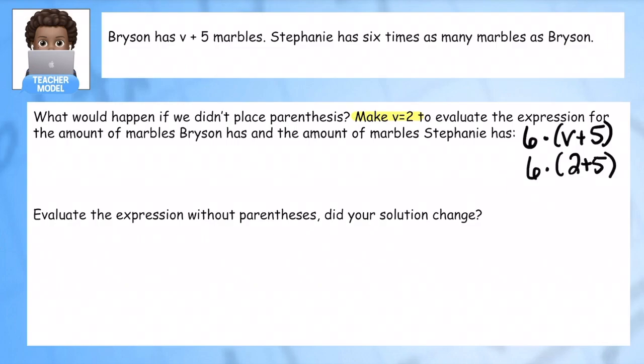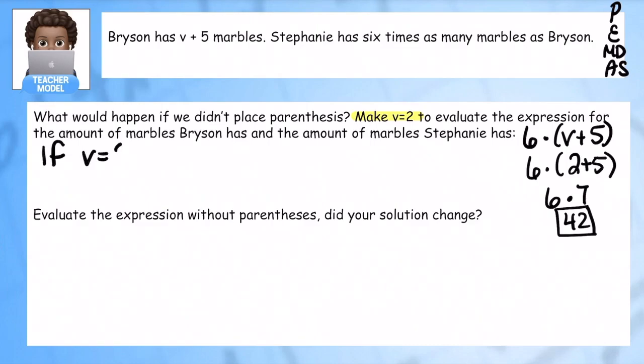And now we're going to use our order of operations. I'm going to write it here on the side just so we have it. Please excuse my dear Aunt Sally. I have to do what's inside my parentheses first. We're going to simplify in here and we'd have 6 times 7, which is 42.